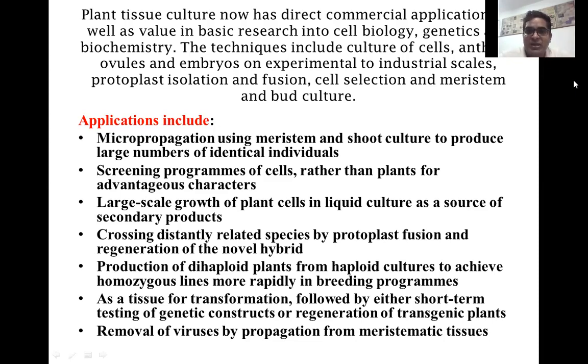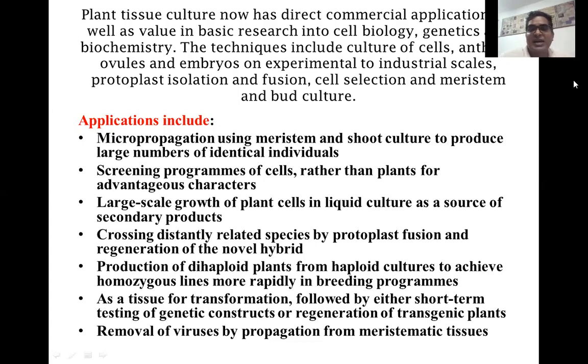You can also do crossing by protoplast fusion, and you can generate a novel hybrid also. And the production of dihaploid plants: dihaploid plants can be generated in cereals or other crops. Dihaploid plants can be produced from haploid plants, or you can make them homozygous and use them in breeding programs.